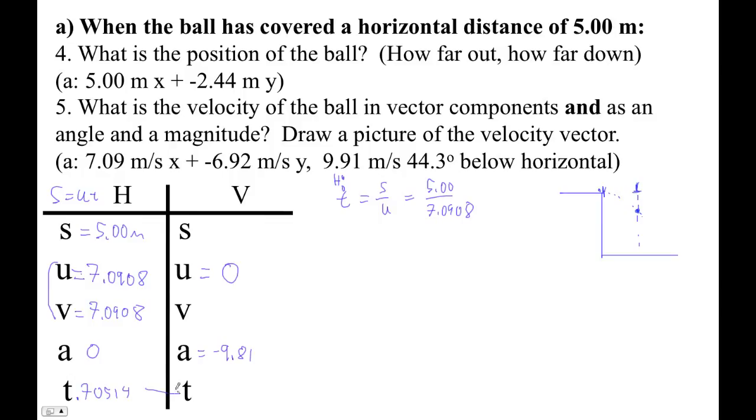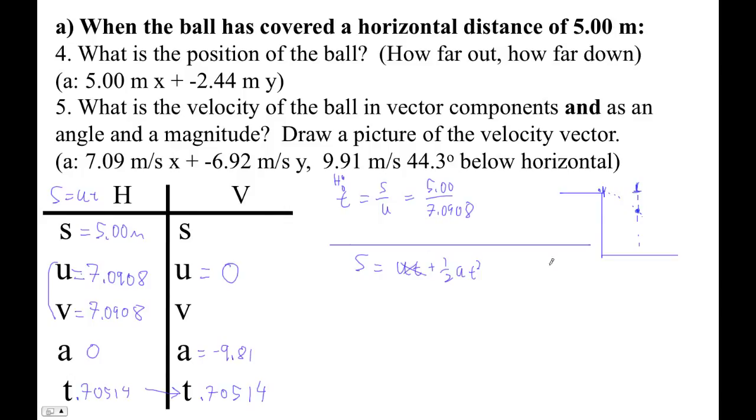Time goes across. So that is 0.70514. I'm going to store that, just FYI, in T. All right, and now we can find everything here, right? We can find the displacement, right? I'm going to find the displacement using S equals ut plus 1/2 at squared.